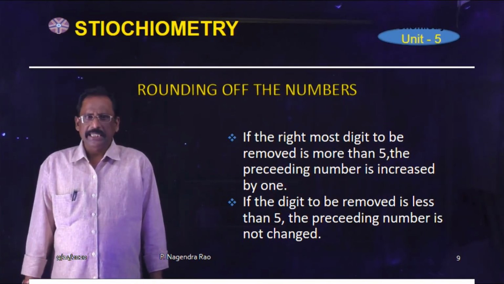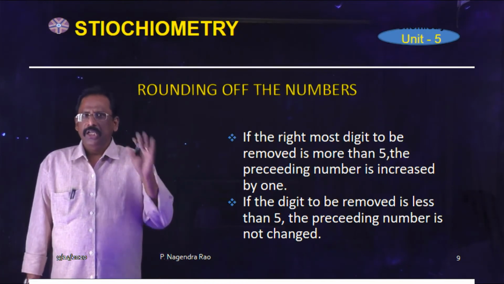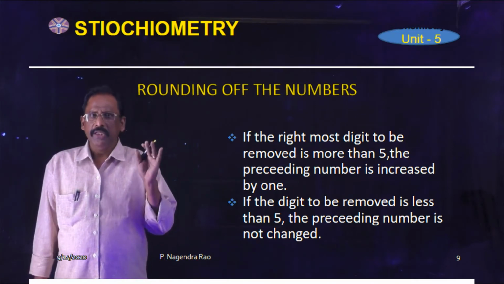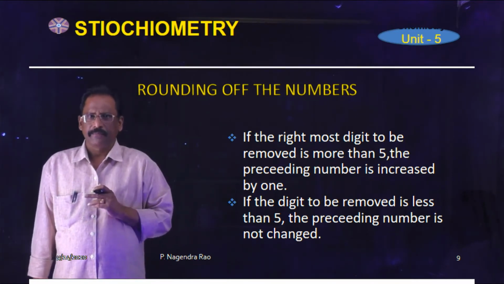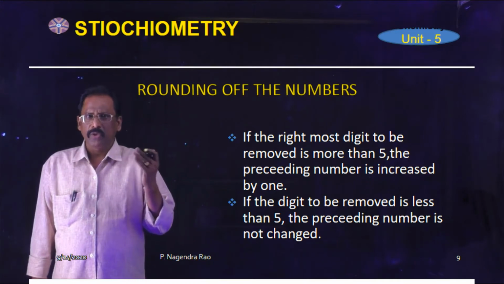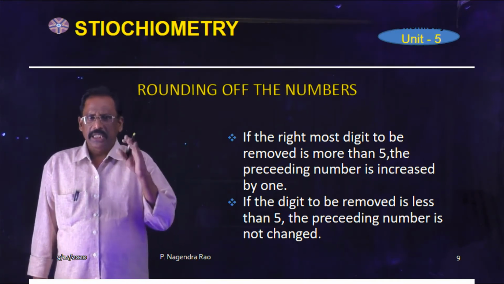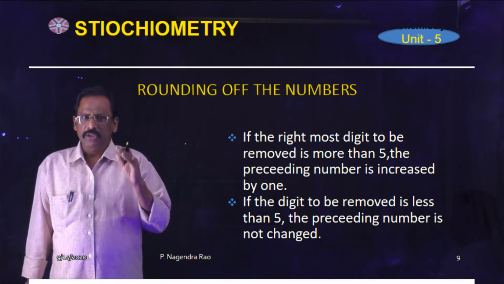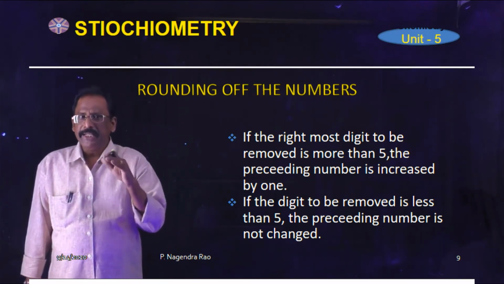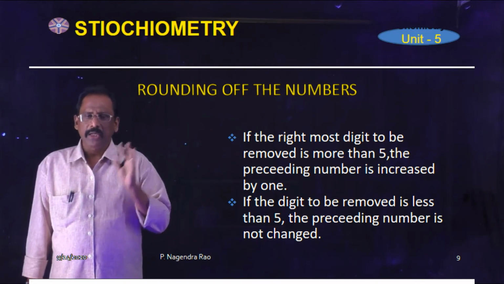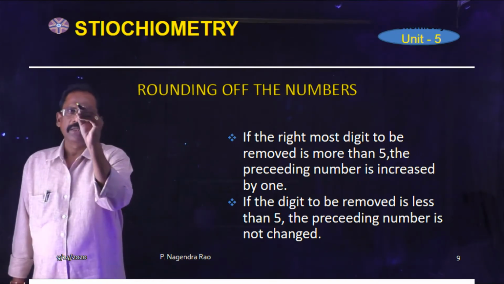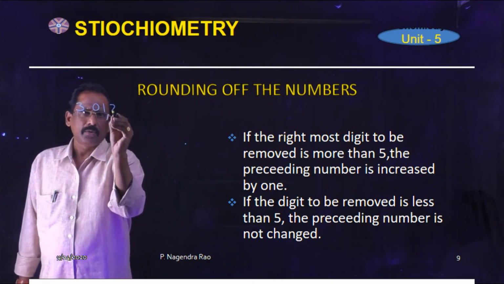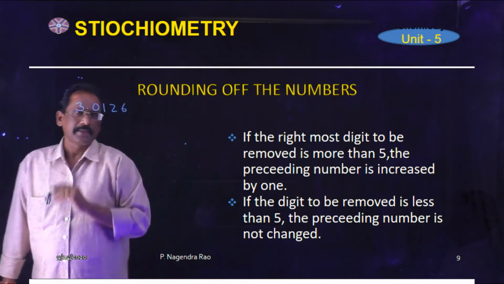Rounding of the significant numbers. If you want to round off significant numbers, if the rightmost digit to be removed is more than 5, the preceding number is increased by 1 unit. For example, 3.0126.